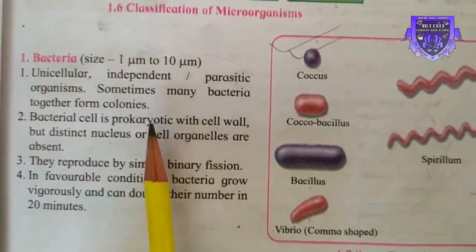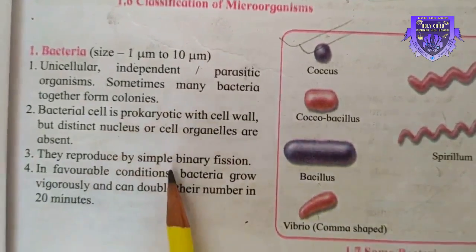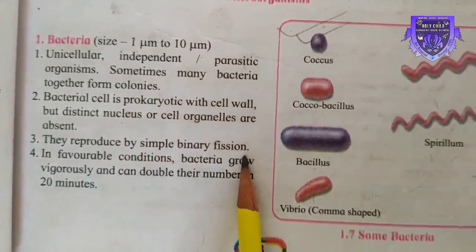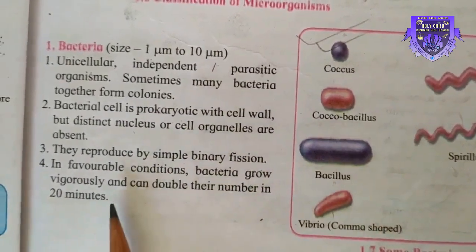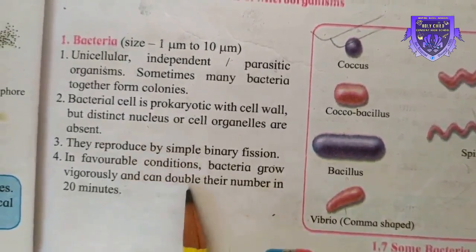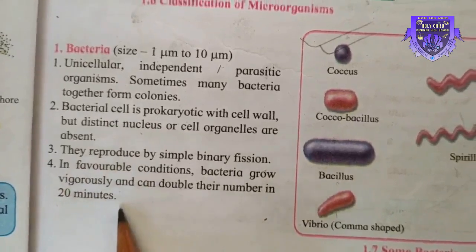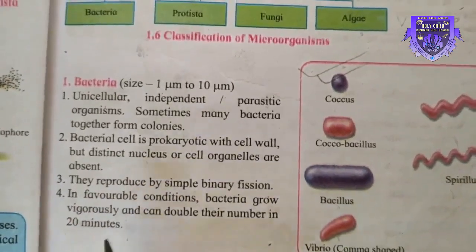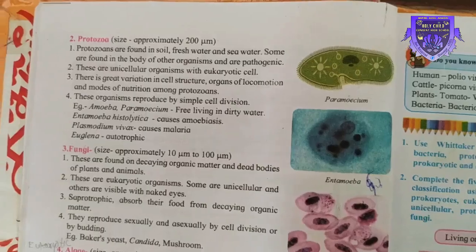These bacteria always reproduce by simple binary fission, which means they divide in two, and if the condition is favorable, they can double their number in 20 minutes, which means in 20 minutes 100 bacteria can become 200.